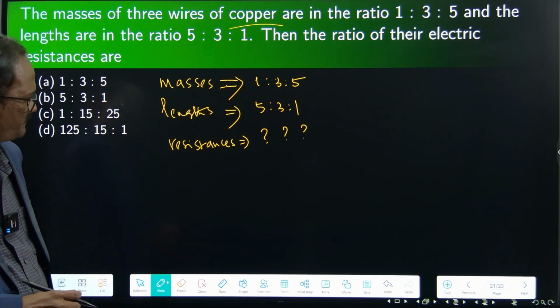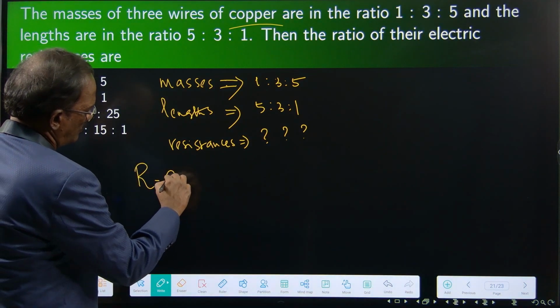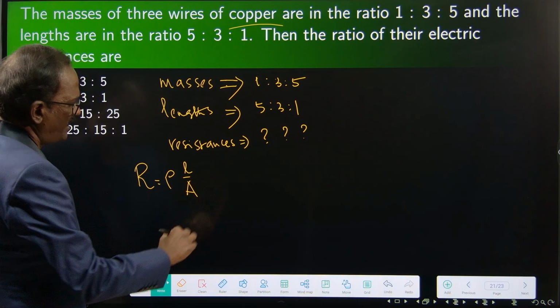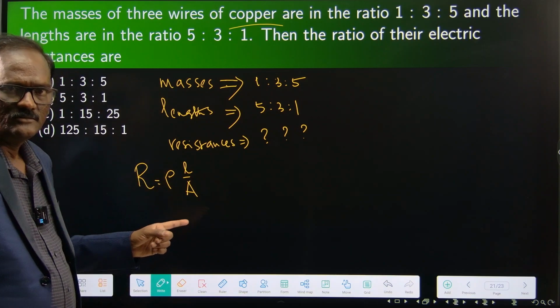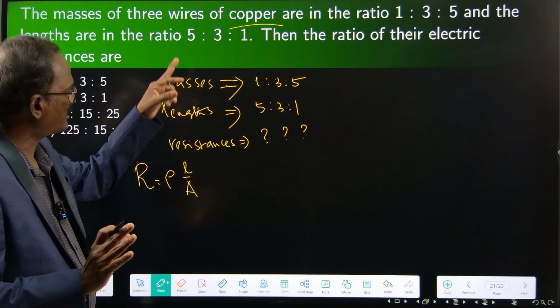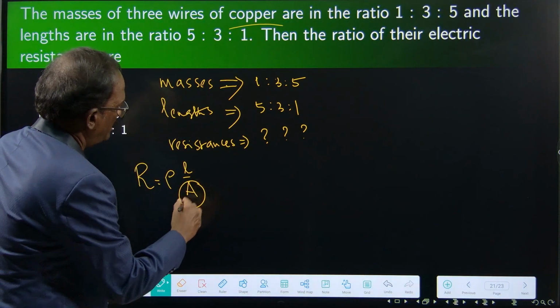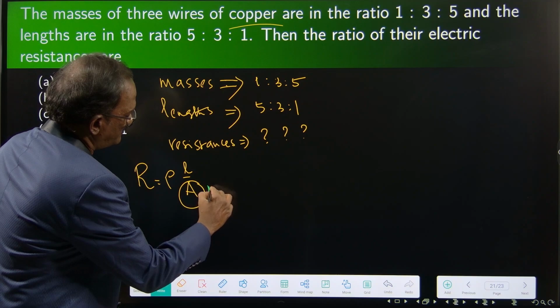Material is the same. Resistance R is equal to rho L by A. Rho in all the 3 cases is going to be constant, same material copper. L the value is available. Instead of A, mass is available.